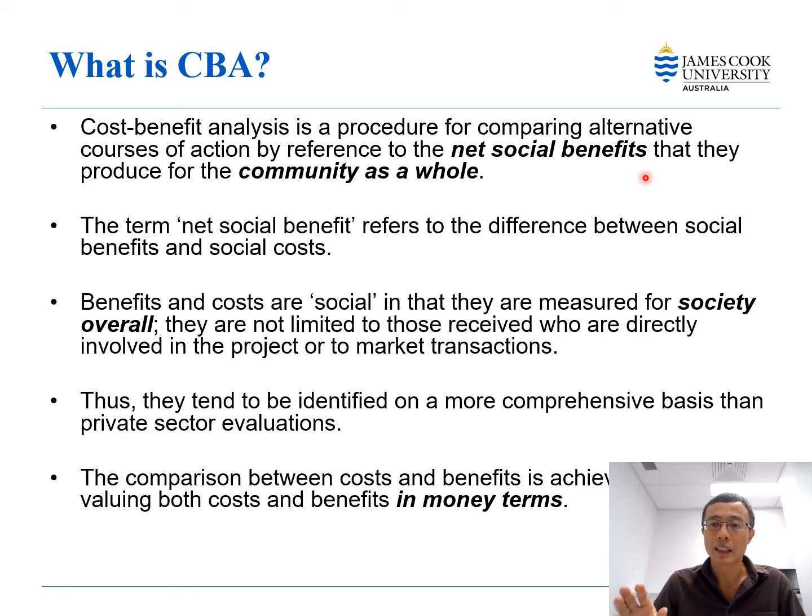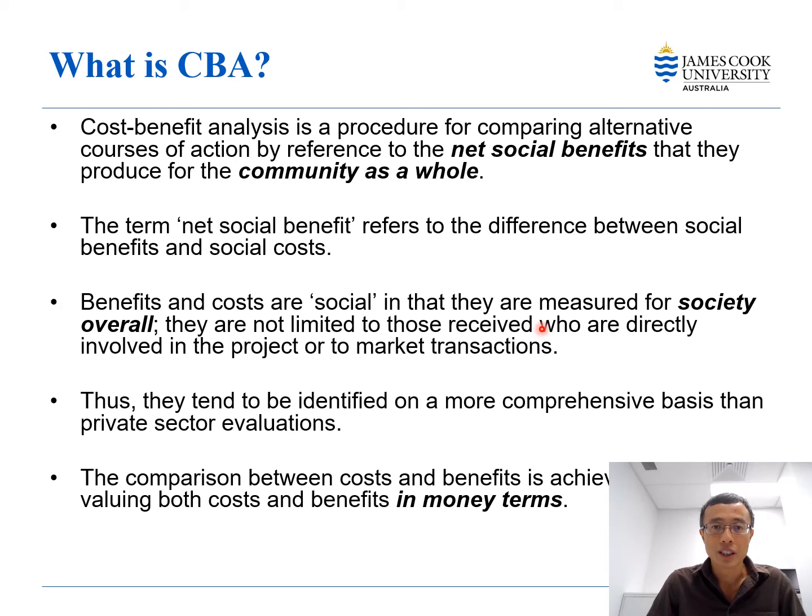So when we are looking at the costs and benefits, we always need to be aware that these items of cost and items of benefits should be the social costs or social benefits, which means we have to account for externalities. So we are standing at society's, the community's, point of view.